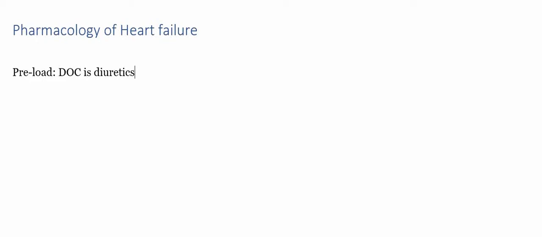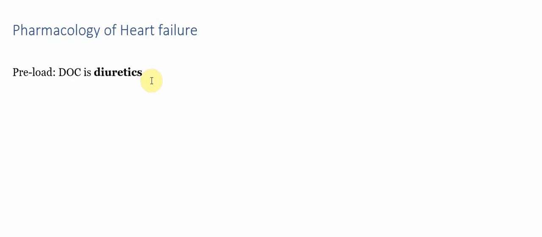So this is why diuretics are very important, because they are preventing this very well intentioned compensatory response by the body, which actually ends up doing more harm than good. So this is important.